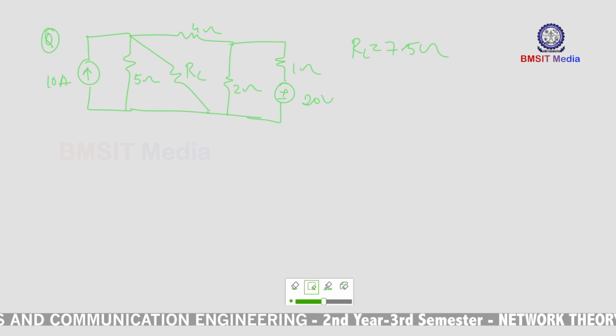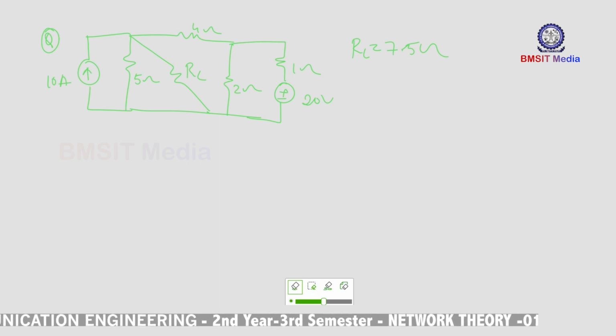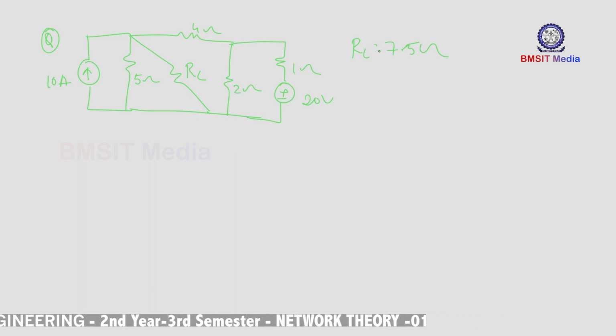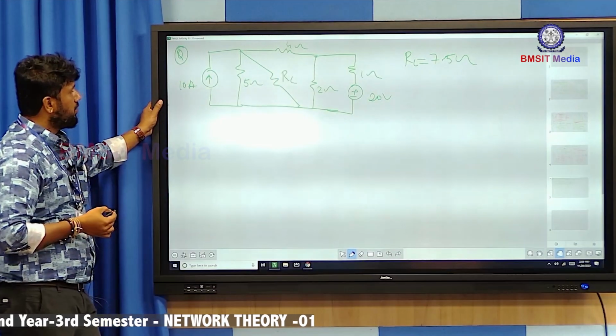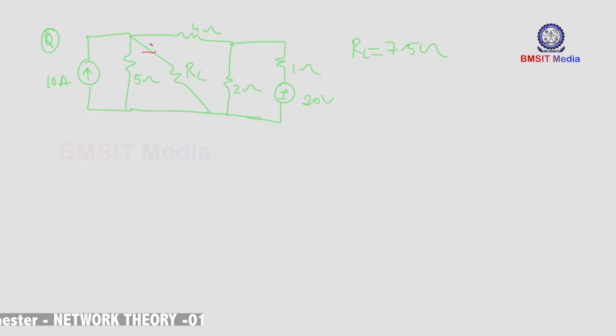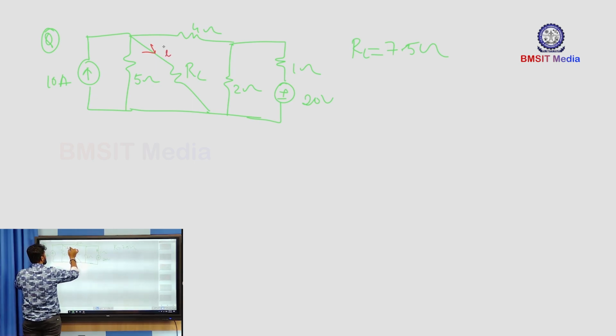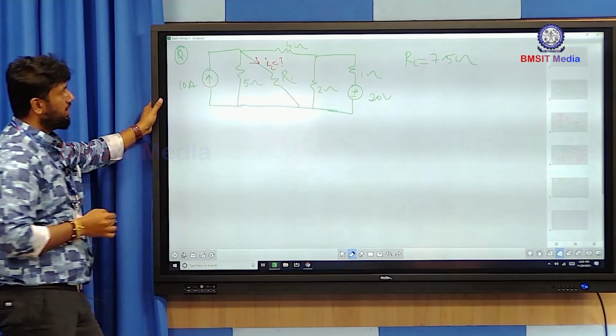The question is, find out the current that flows through the load resistance RL using SPT. So, we need to find out the current through the load resistance, which is IL. That is the question mark here.